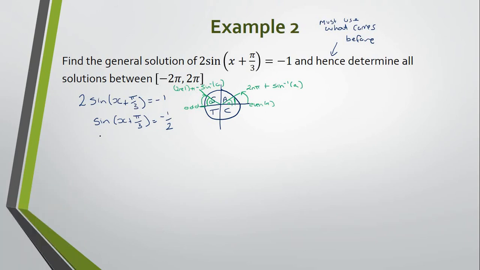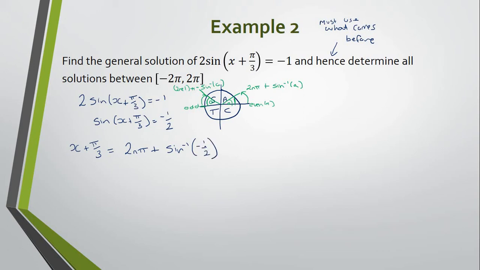So what we will get when we solve this, we're getting x plus pi over 3, that's still the argument, I haven't taken care of the pi on 3 yet, is equal to, for the solution in the first quadrant, 2n pi plus inverse sine of the value that it's equal to, which in this case is -1/2.